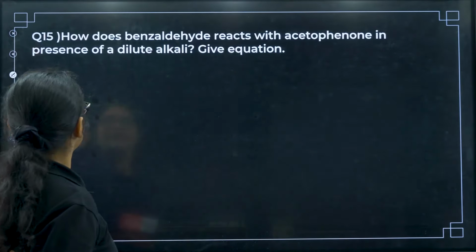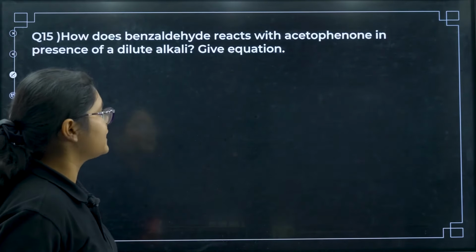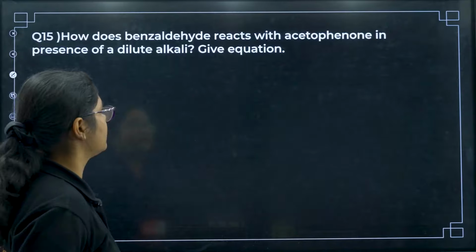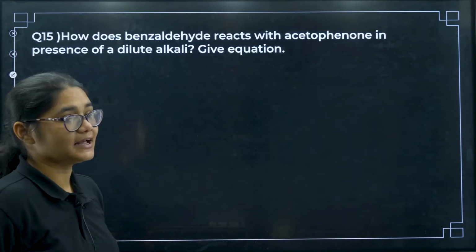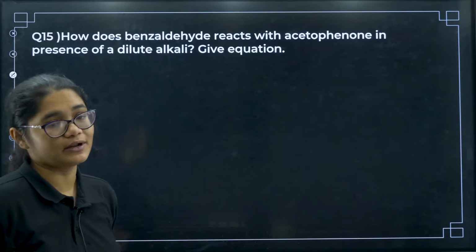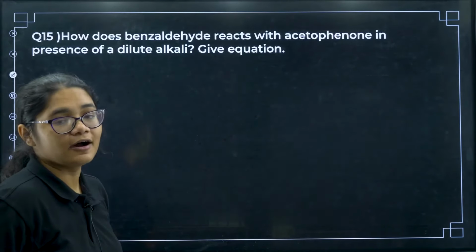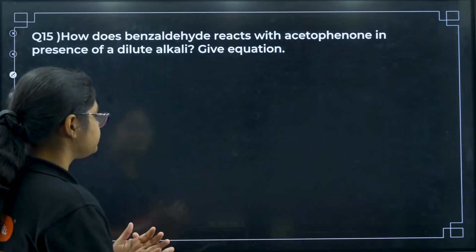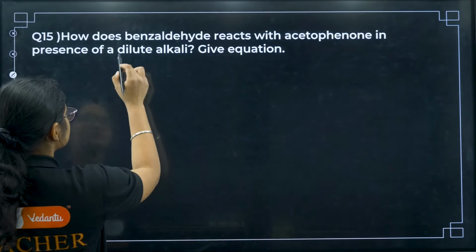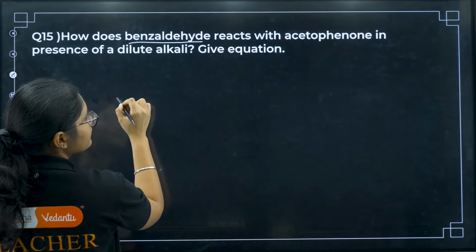Okay. Next, how does benzaldehyde react with acetophenone in the presence of a dilute alkali? Give the equation. So benzaldehyde reacts with acetophenone in presence of dilute alkali. It is a cross aldol condensation.